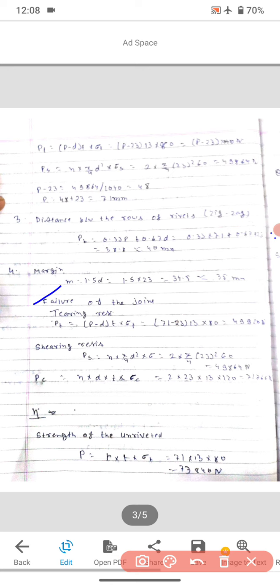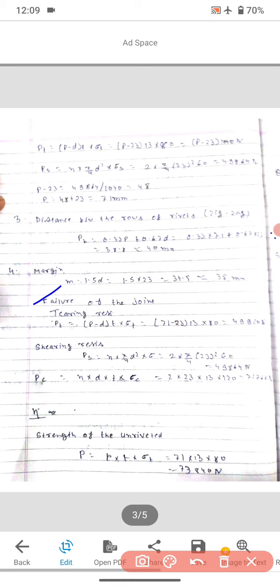The efficiency is the minimum of the three values, that is the shearing resistance, the tearing resistance, or the crushing resistance, divided by the unriveted plate strength. Means first we have to find out the three stress values, and then divide by the strength of the unriveted plate.